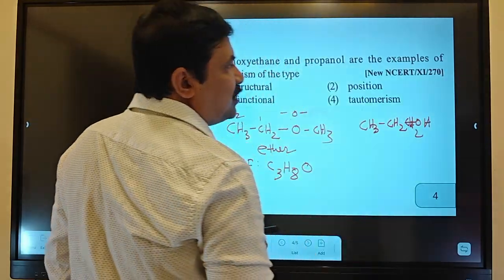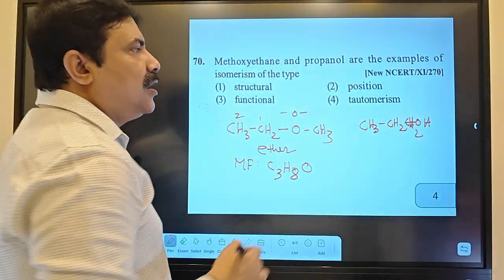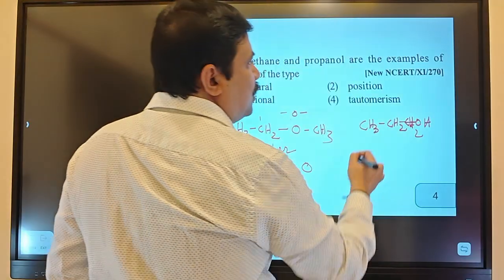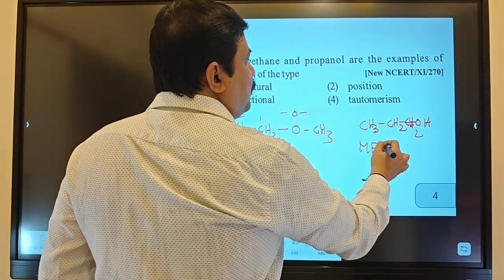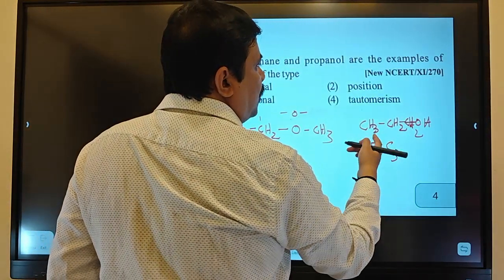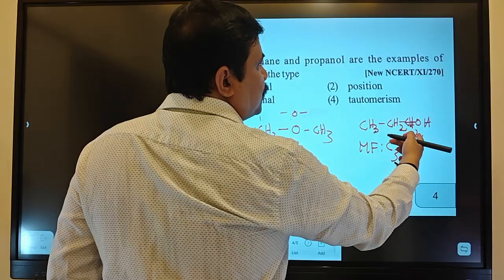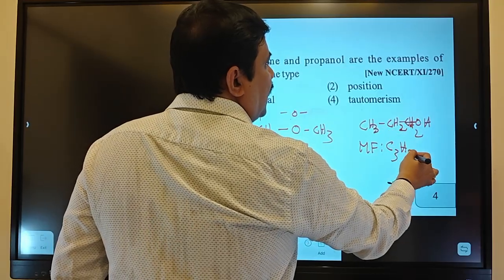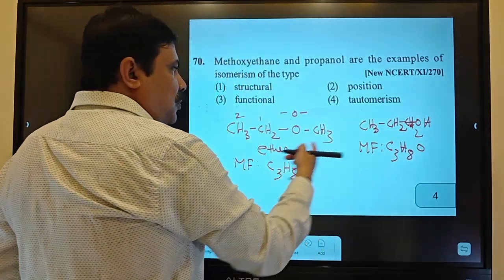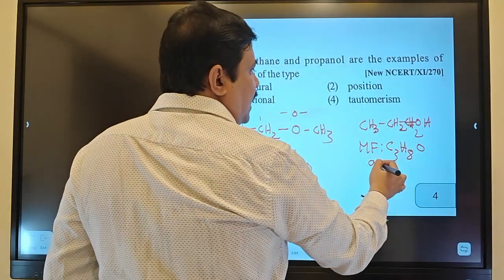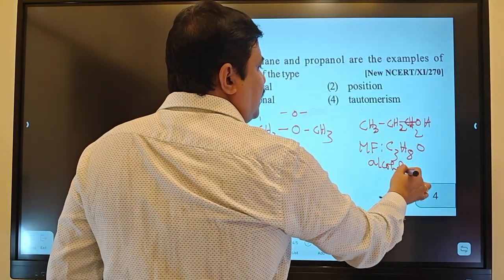Pro means 3 carbon. If you write the molecular formula, how many carbon? 3 carbon. How many hydrogen? 3 plus 2, 5 plus 2, 7 plus 1, 8. And how many oxygen? 1 oxygen. Both molecular formulas are the same, and one is alcohol and one is ether.